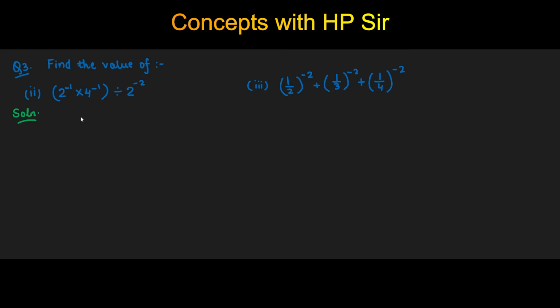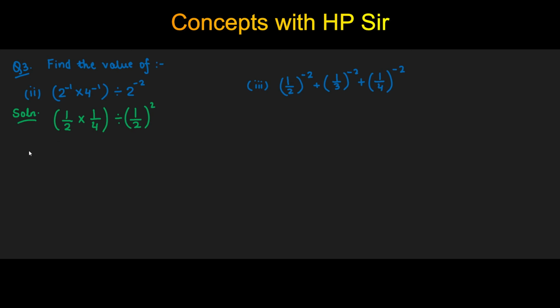Now again, using the formulas, 2 to the power minus 1 can be written as 1 by 2 into 1 by 4. Because we are reciprocating the base, the power will become positive and the power is 1, so we don't need to write it down. Divided by 1 upon 2 whole square.